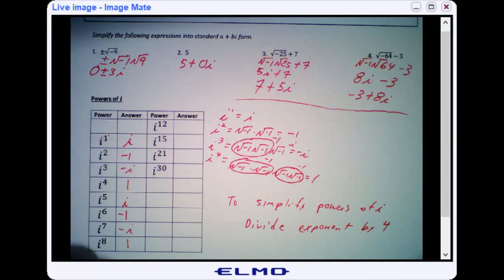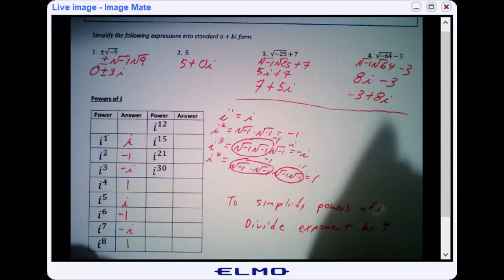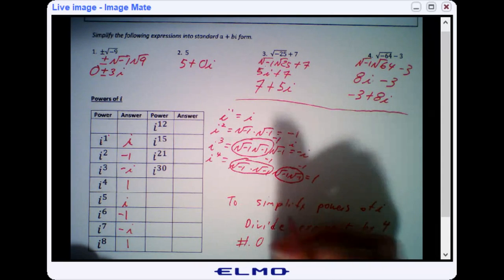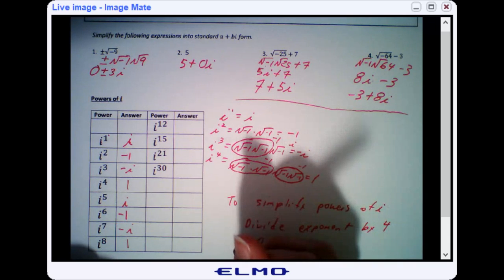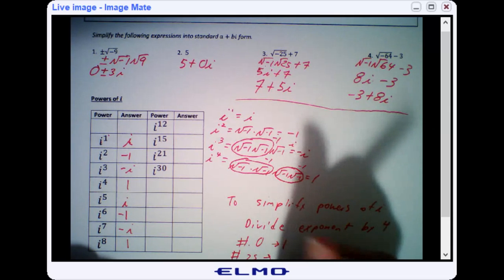When you divide your exponent by 4, if you get 0, so if you get a number .0, then it's 1. If you get a number .25, it's going to be i.